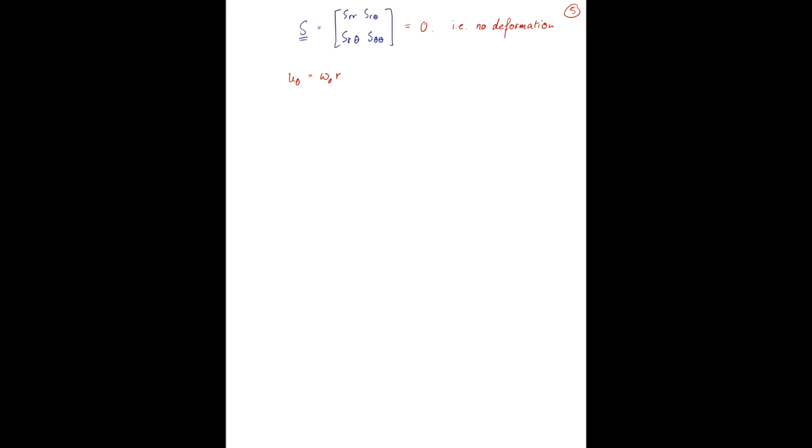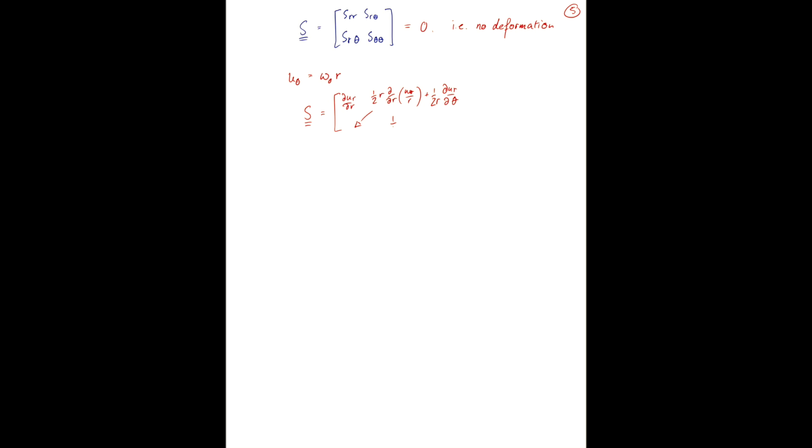To show that this is really 0, you have to get the individual components of S, and they are du r dr, and up here it's a half r d by dr of u theta over r plus a half 1 over r du r d theta, and that's the same as the other diagonal, of course.